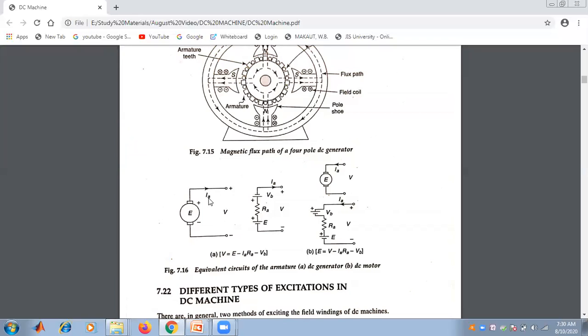So this is the equivalent circuit of a DC generator, and this is the equivalent circuit of a DC motor, where E is known as back EMF.